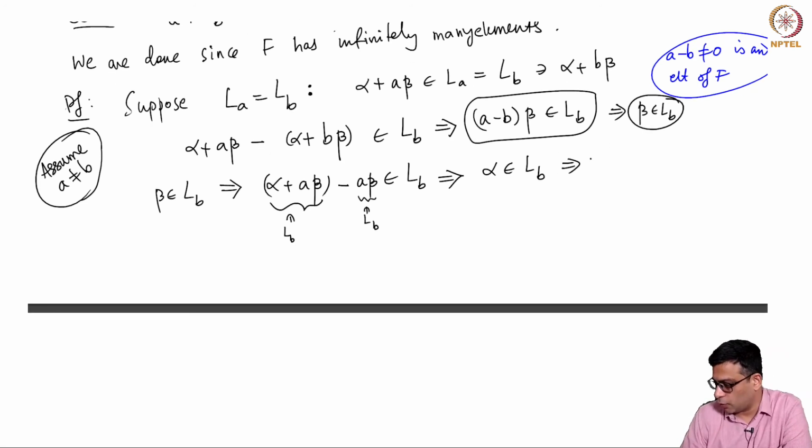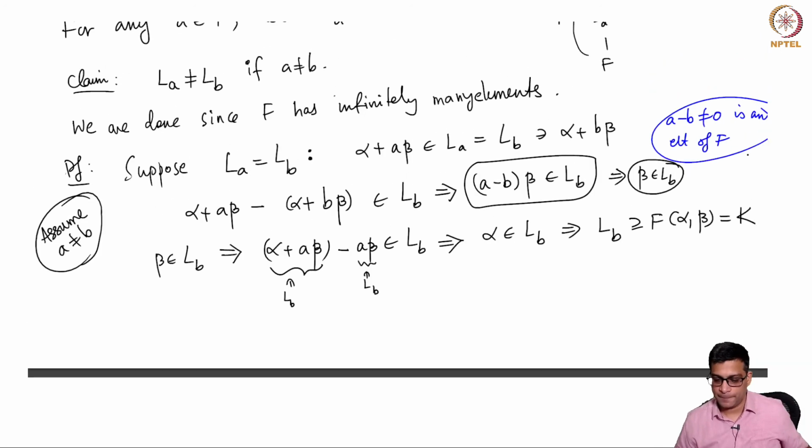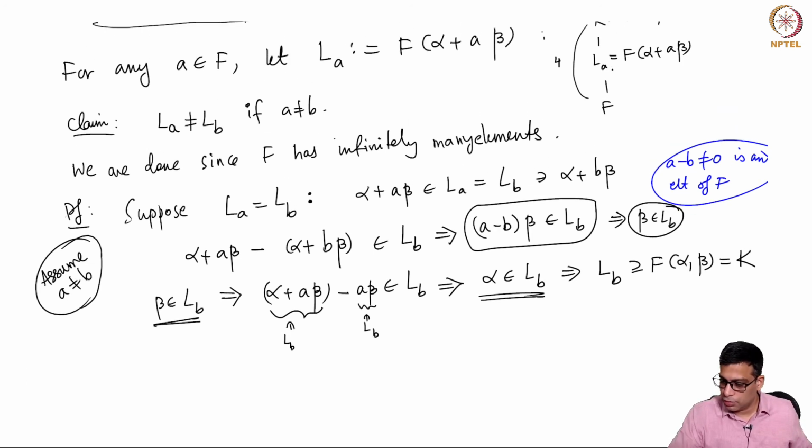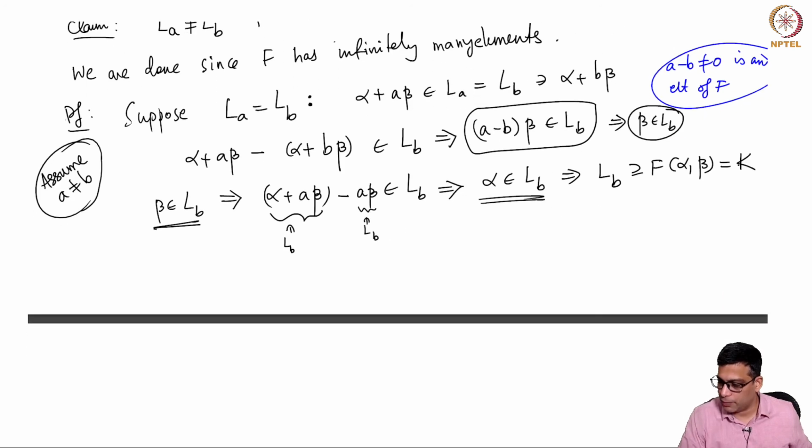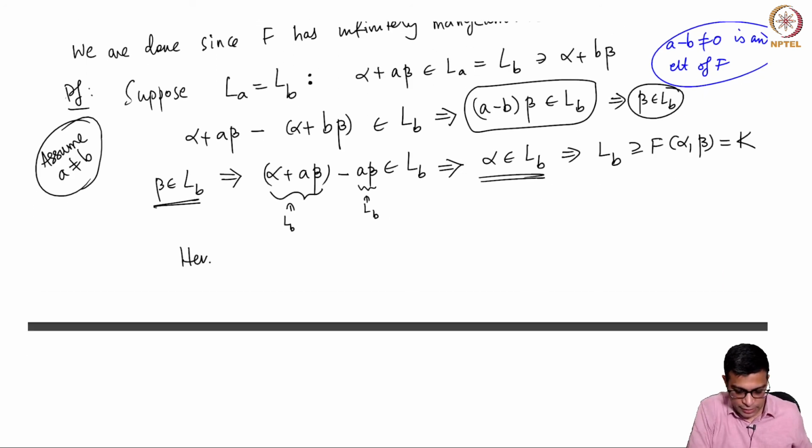Okay, so actually I need to do a little bit more work, but immediately we conclude that L_b contains both alpha and beta, and it of course contains F. So beta is in L_b, alpha is in L_b, so F(alpha, beta) is in L_b, but F(alpha, beta) is K, and hence K equals L_b, right?